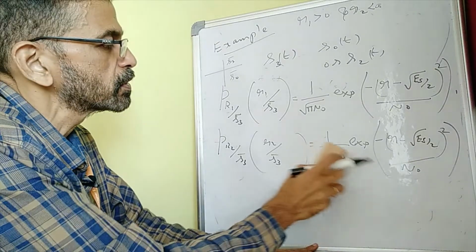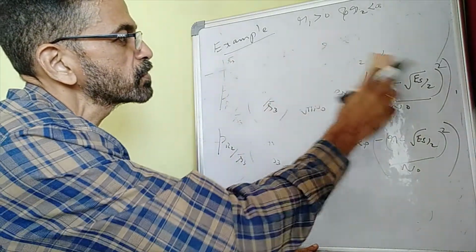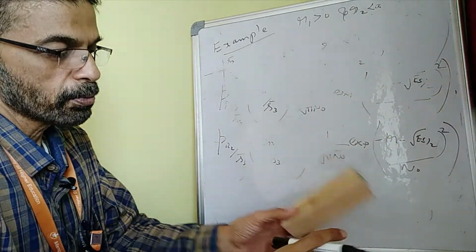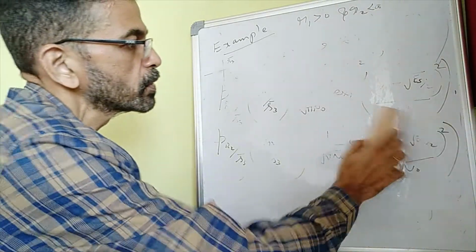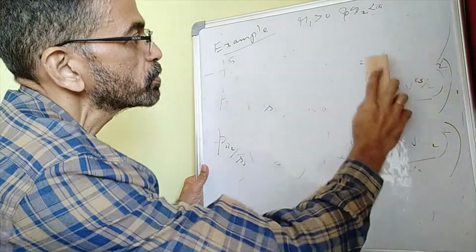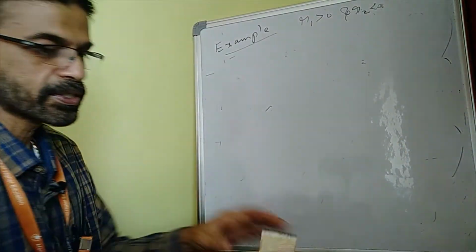So let's evaluate that. We have the density functions here. With the help of these density functions, we can easily evaluate the probability of this happening. R1 has to be greater than 0 and R2 has to be less than 0.